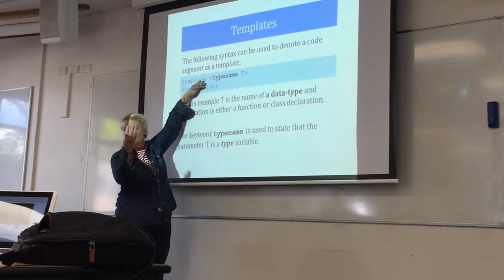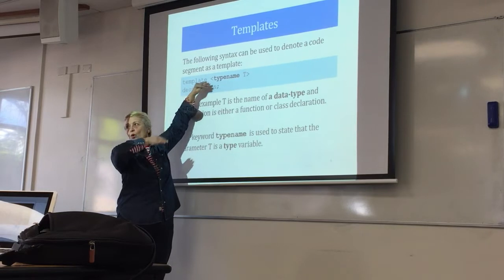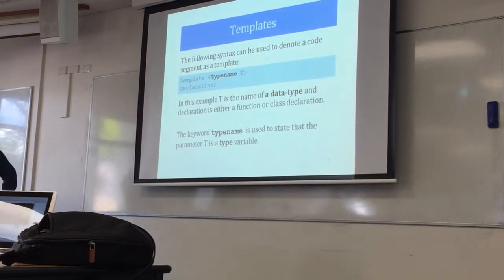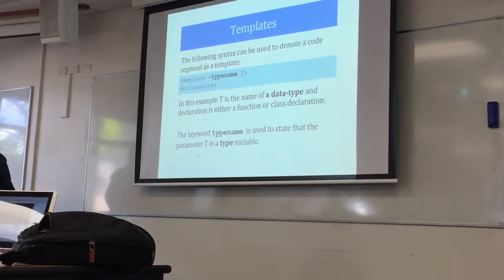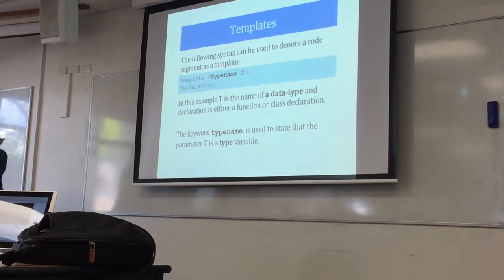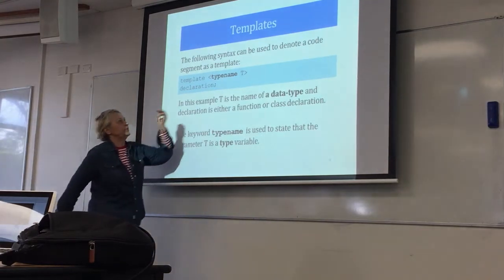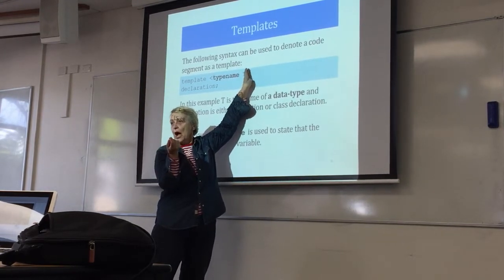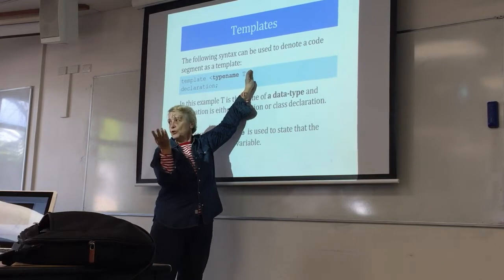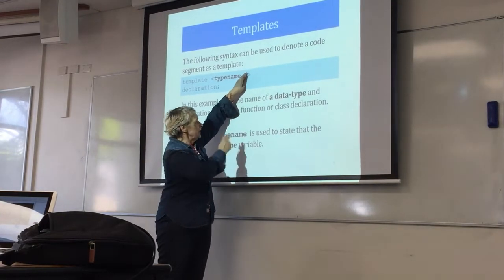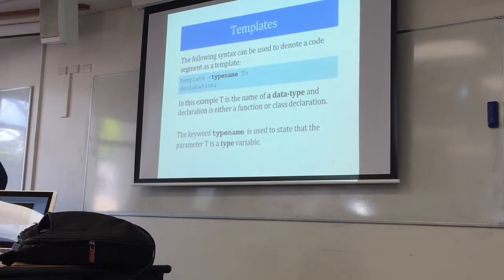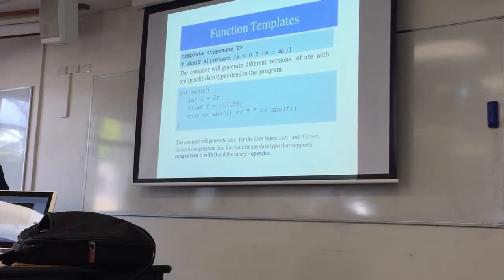This declaration can be the function heading, or the class we try to design with templates. And this T, which can be E or whatever you want, I choose T because it's type, but this is programmer's choice. Element type, T, whatever you want, this is a type variable, which is a must when you have templates.